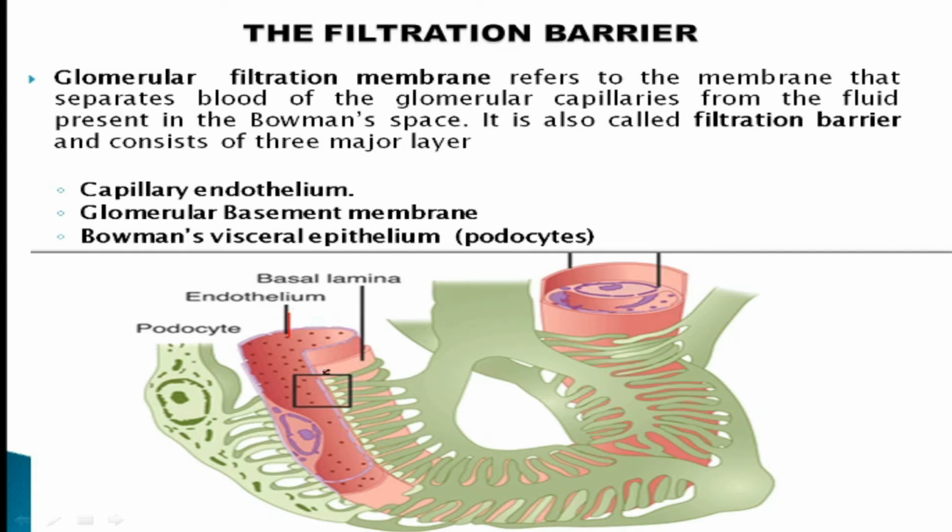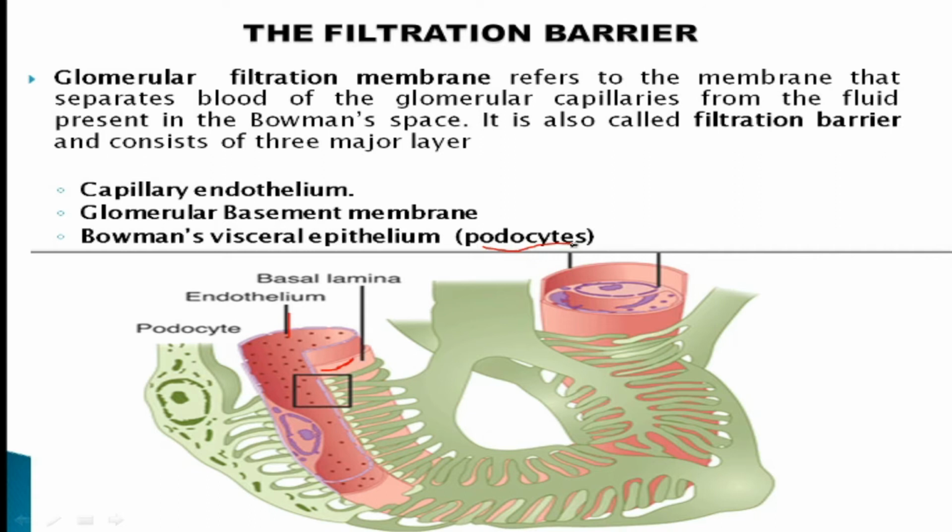The basal lamina is covered by finger-like processes which are nothing but the processes of the Bowman's visceral epithelium, which we just talked about in my previous slide, and are known as the podocytes. Podo refers to foot, and because these visceral epithelial cells are specialized cells having finger-like projections, they are referred to as the podocytes. We'll be discussing each layer one by one.